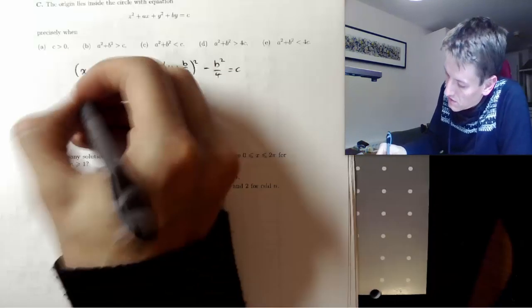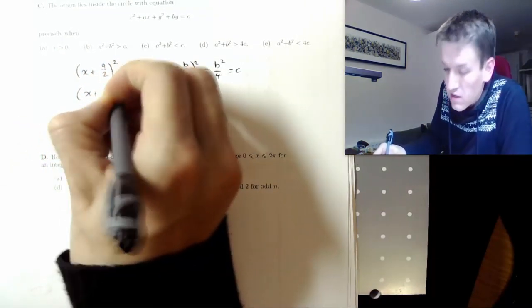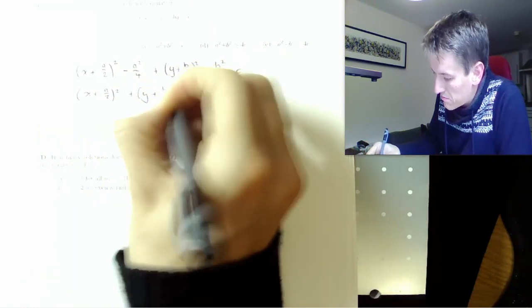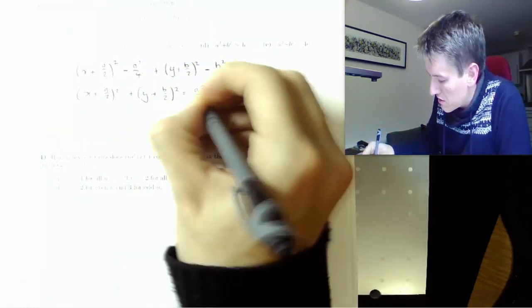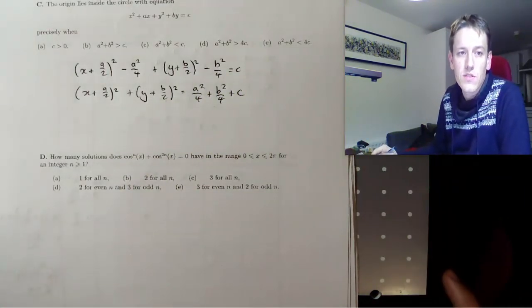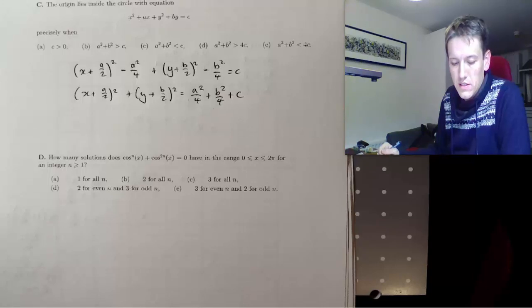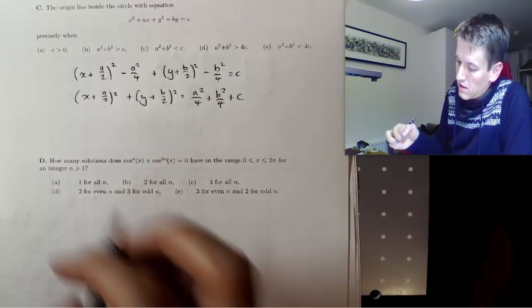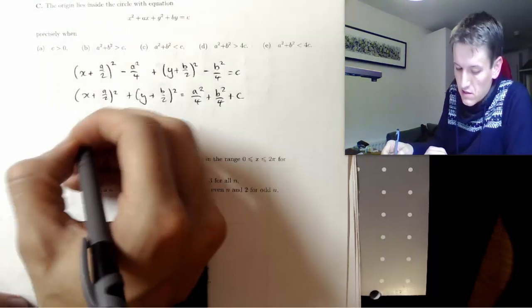So let's collect this together. So x plus a over 2 squared plus y plus b over 2 squared equals a squared over 4 plus b squared over 4 plus c. Okay, so we can now see where the center and the radius are, and so we need to know whether the origin lies inside this circle.